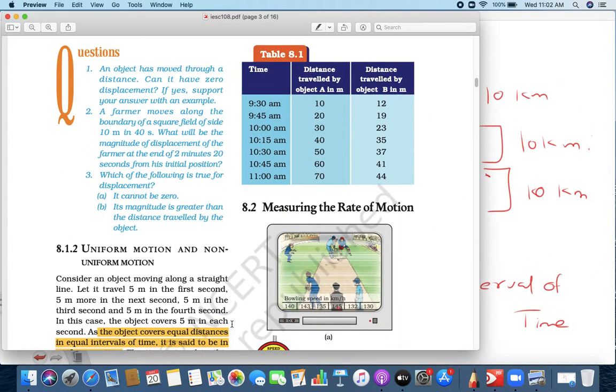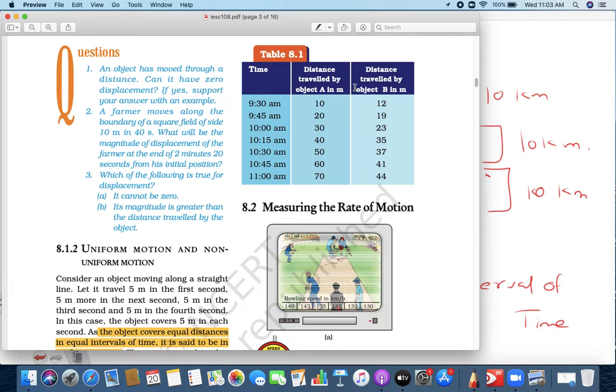Let me see how the textbook tells you. There are two objects. The first object is at 9:30 at 0 kilometer, at 9:45 it is at 10, then 20, then 30, so it is increasing equally.